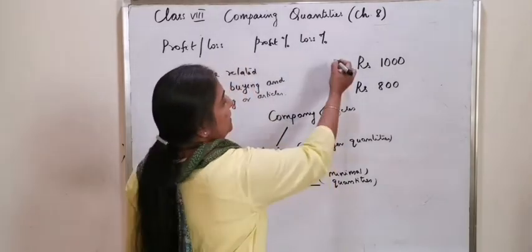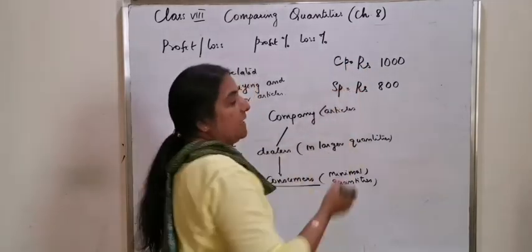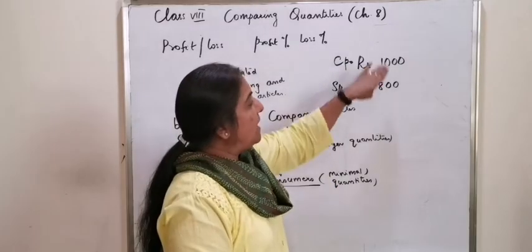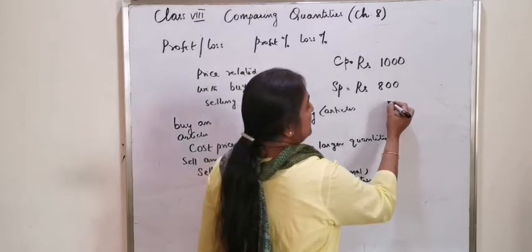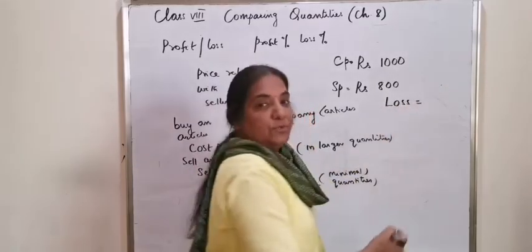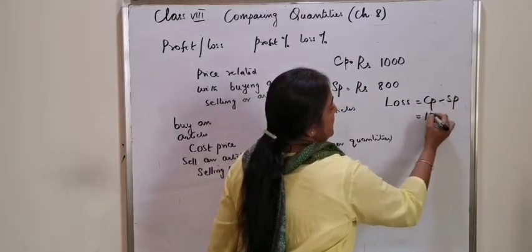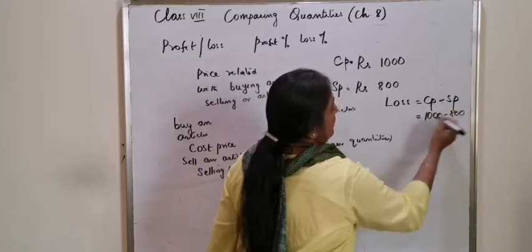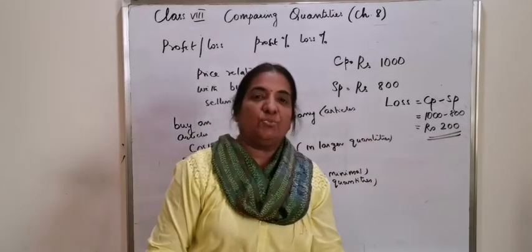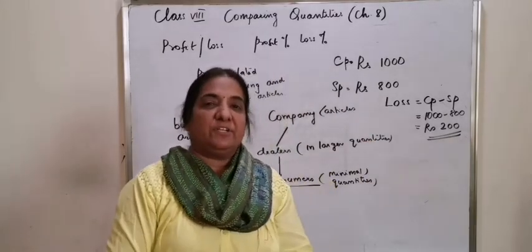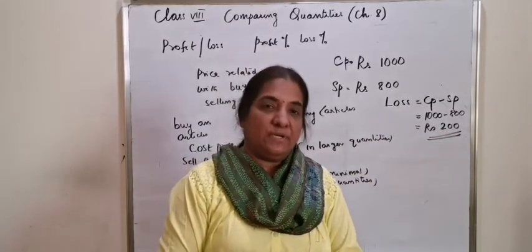So the loss you incurred is CP minus SP, that means 1000 minus 800, which is equal to rupees 200. You bought it for 1000, you sold it for 800, so you made a slight loss of rupees 200, but you used it for a few days.